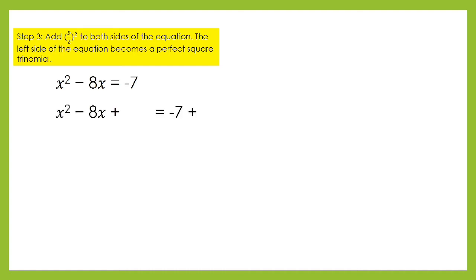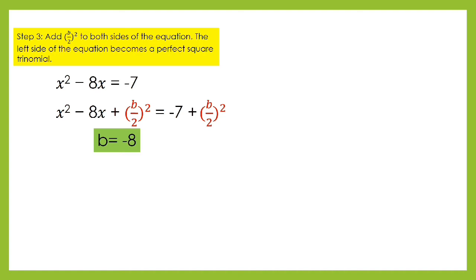Paano natin makukuha yung i-add natin? Let's get the value of b, which is negative 8. So, dito siya nanggaling sa middle term. Yung numerical coefficient ng middle term, which is negative 8.